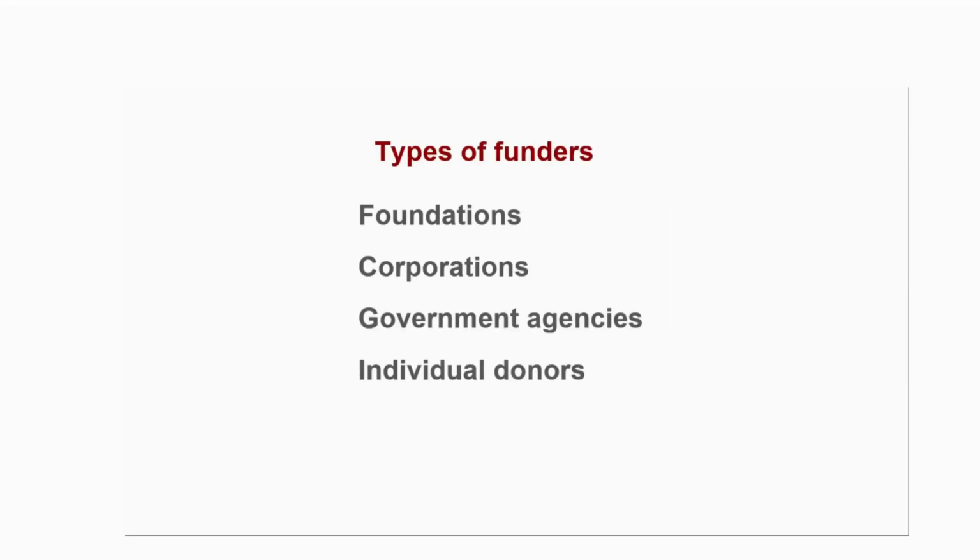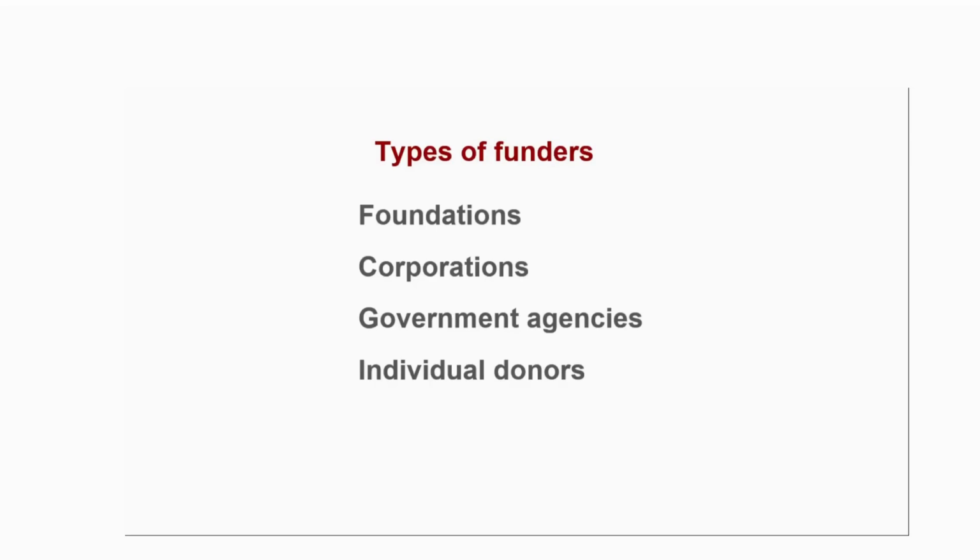So, number one, the types of funders. Now I'll go deeper by explaining and giving examples of organizations under each category. So number one, we have foundations. Foundations give funds to non-profit organizations.